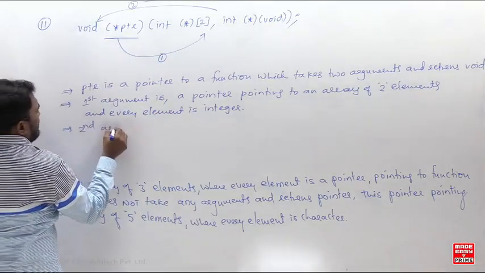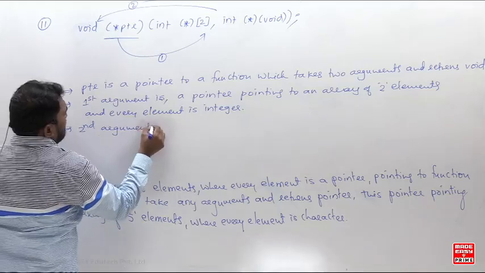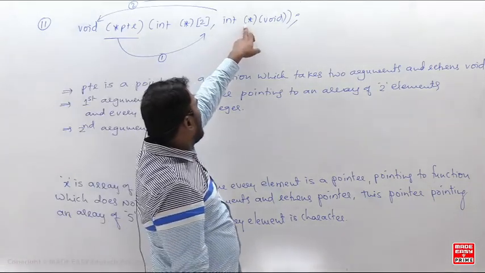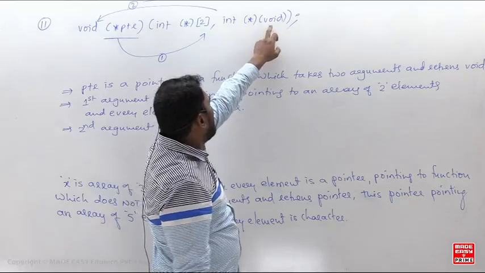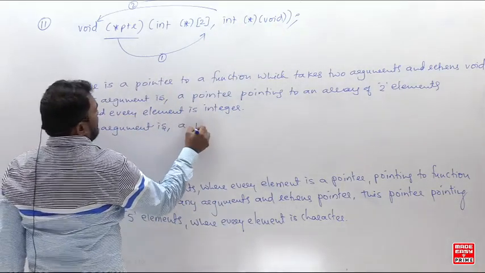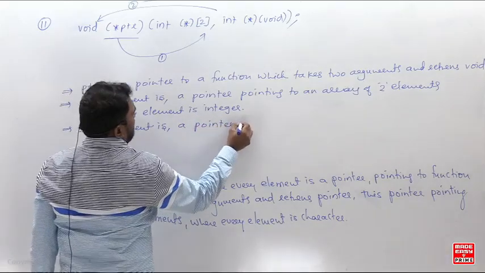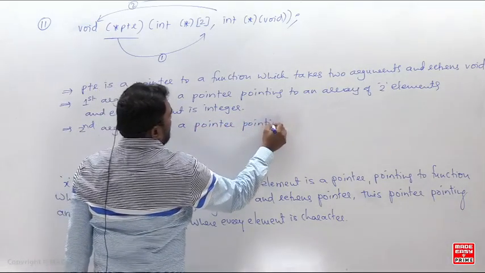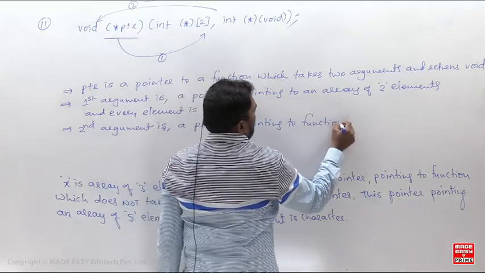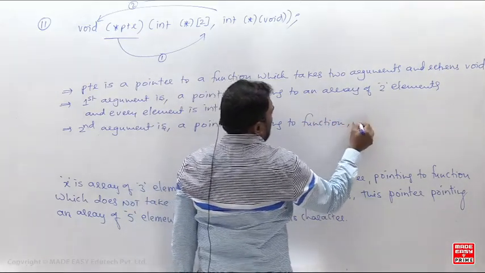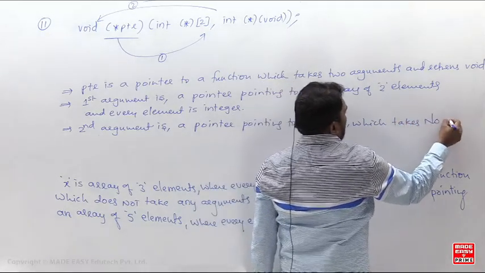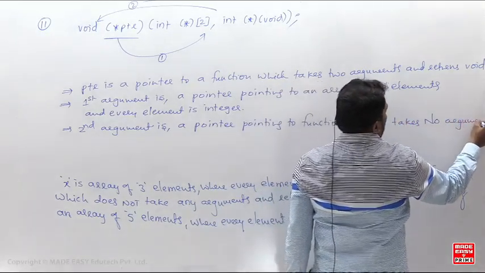Next, the second argument. What is the second argument? That also you already studied. The second argument is a pointer pointing to a function which does not take any arguments and returns integer. Second argument is a pointer pointing to a function which takes no arguments.